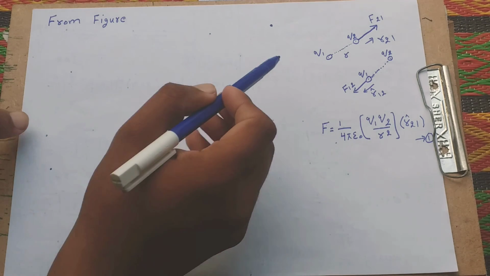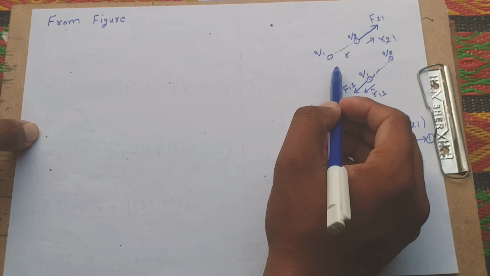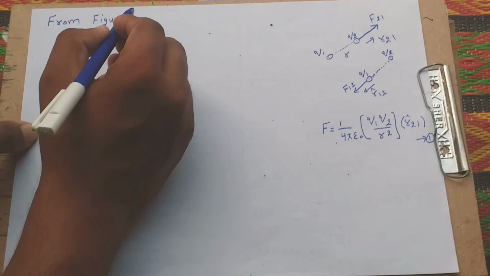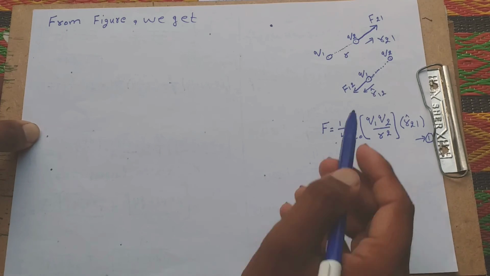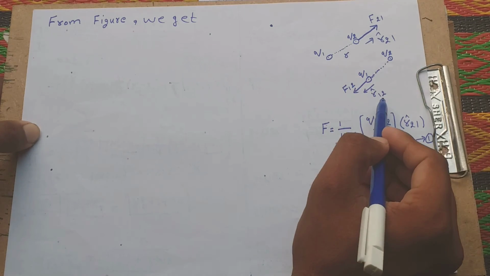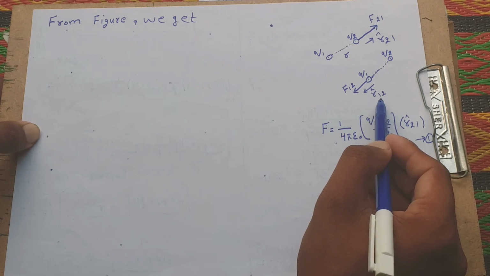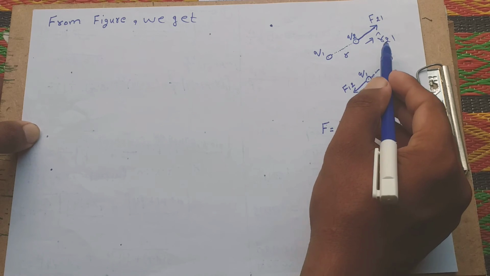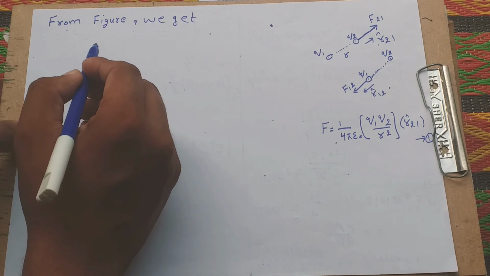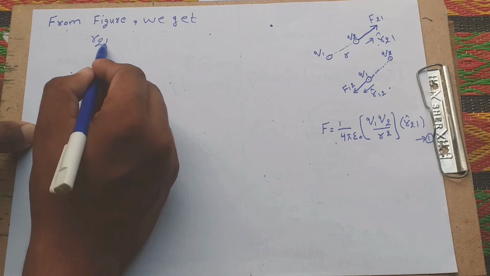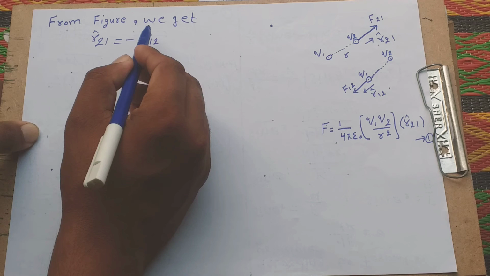Now we prove it from the figure, which we already drew on this page. From the figure we get that r21 and r12 are equal but opposite in directions. The negative sign shows the direction, meaning opposite directions.